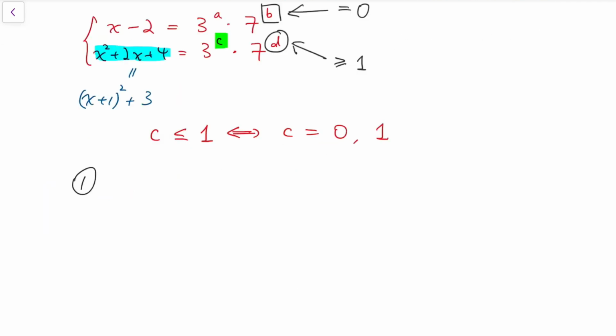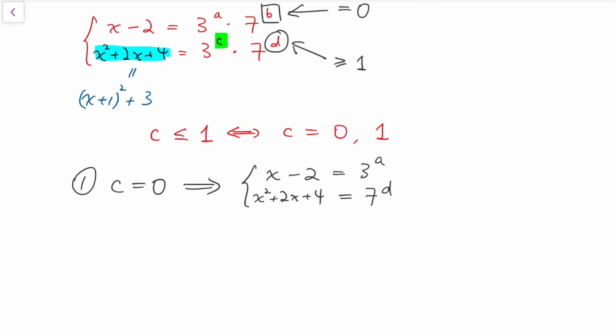So the first case is that c equals 0. Then the system becomes what we have above: x minus 2 equals 3 to the power of a, and for the second equation, x squared plus 2x plus 4 equals 3 to the power of 0 times 7 to the power of d. So in this case, they're actually coprime.